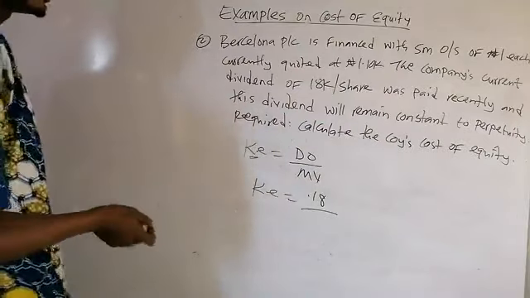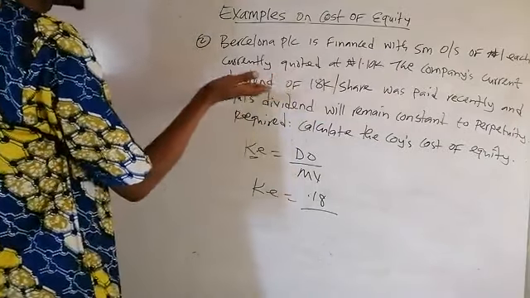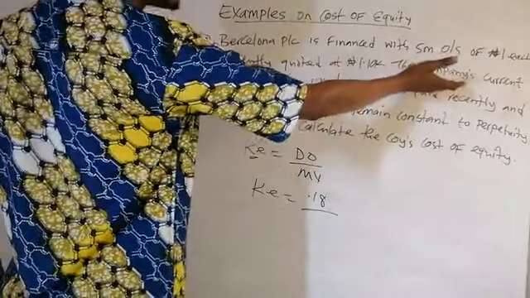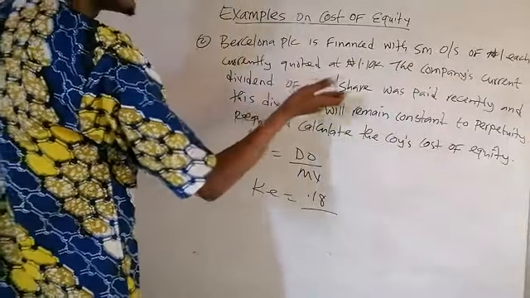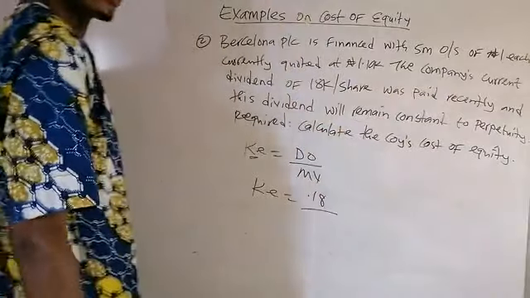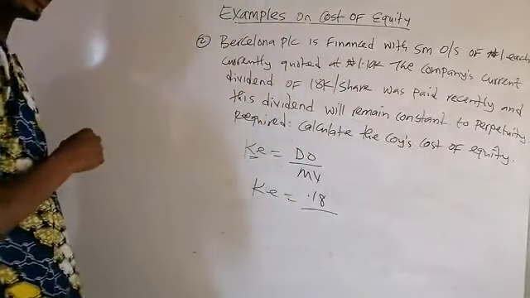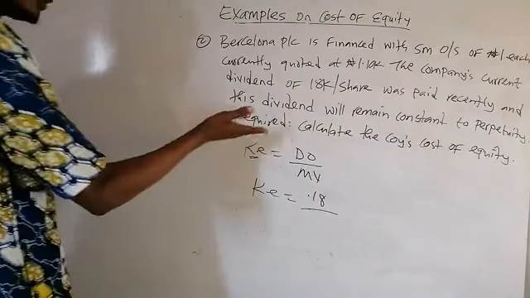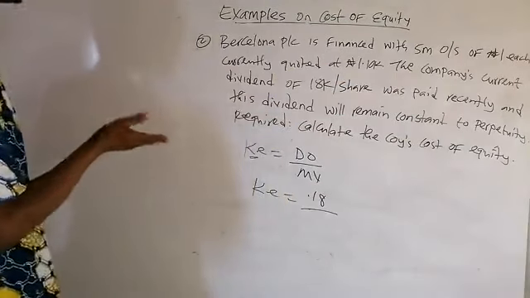We determine that by looking at the tune of the dividend in the question. The question says the company's current dividend of 18 kobo was paid recently. You can see this dividend has been paid.